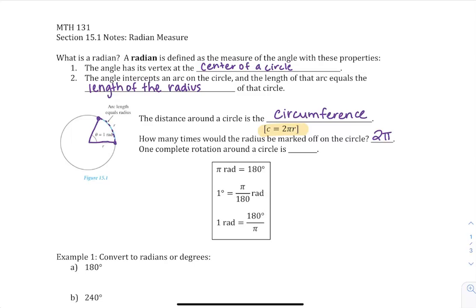Now, that's going to be impossible to measure, but it would take 6 and about 1/4 for you to go around that circle using that string that's the length of the radius. If we could measure precisely enough, it would be exactly 2 pi. But 2 pi is about 6.28, and that's about how many times that you would go around the circle with this piece of string. So we see this relationship between the circumference and this radian or radius.